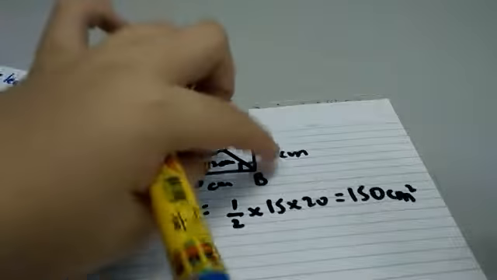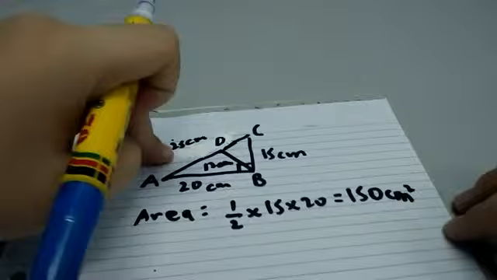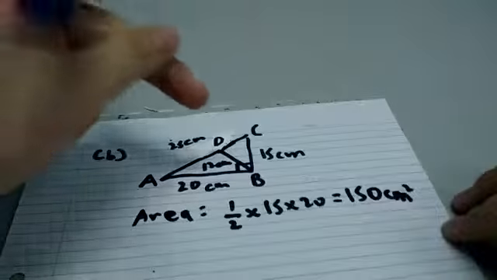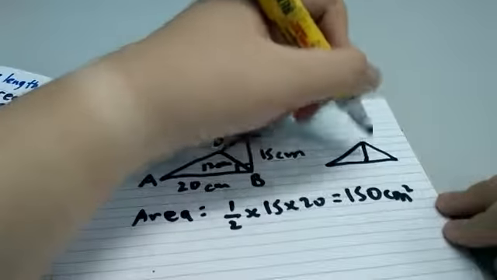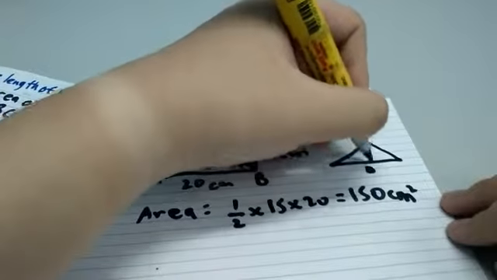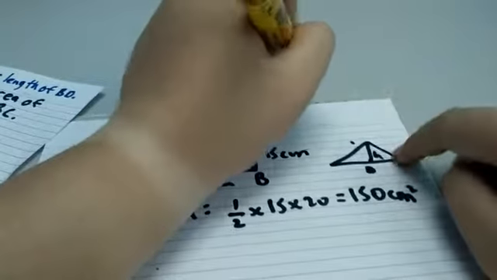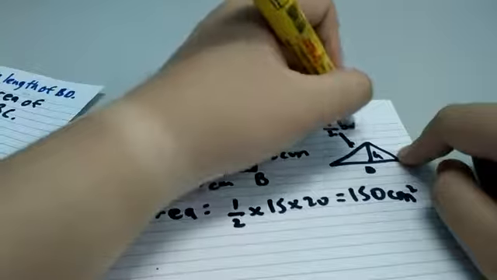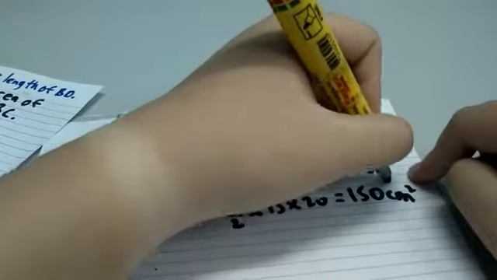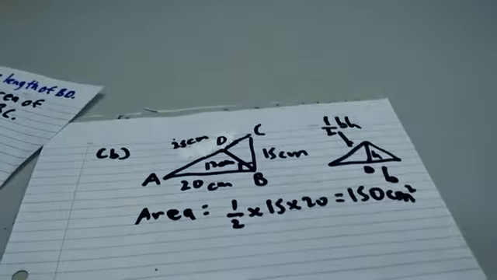Besides using these two sides, we can also use these two, because in this scalene triangle, the area can also be 1 over 2 times base times height, because this is the base and this is the height.